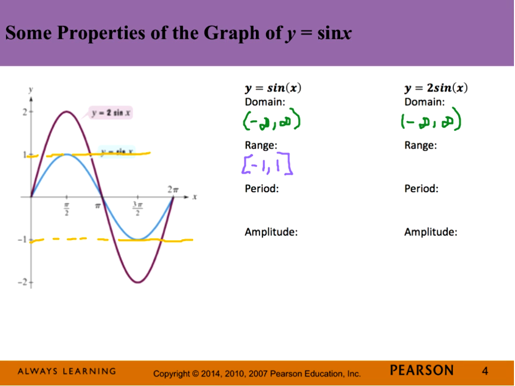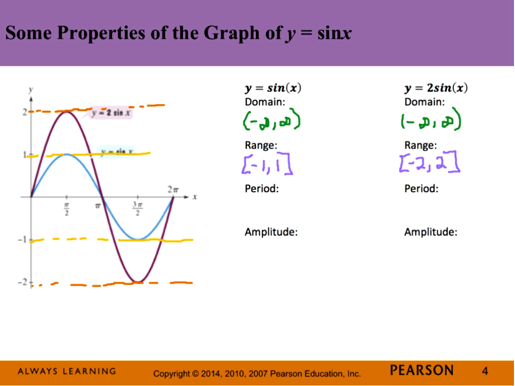So I'm just trying to remind you of all this old college algebra knowledge while we move forward with the trig. Now, if I take a look at the range of 2 sine of x, you can see it's never going to go above or below 2 and negative 2. So the range for 2 sine of x is negative 2 to 2 inclusive.